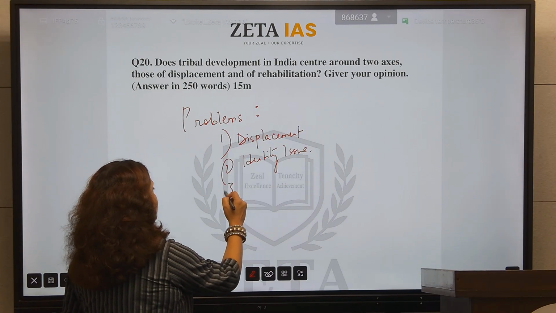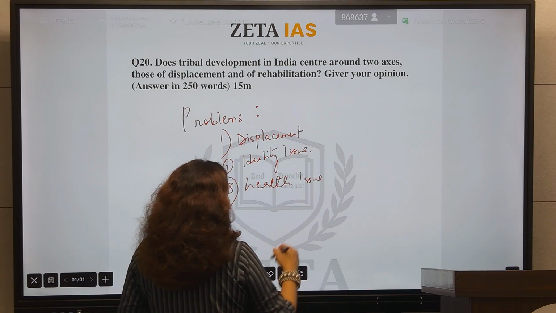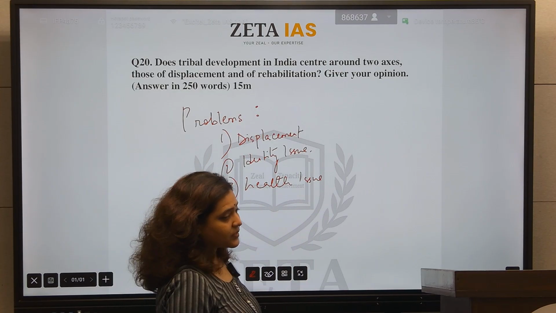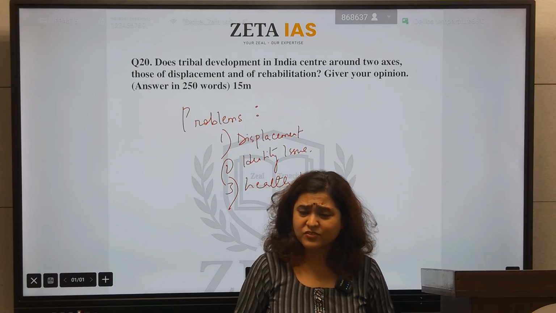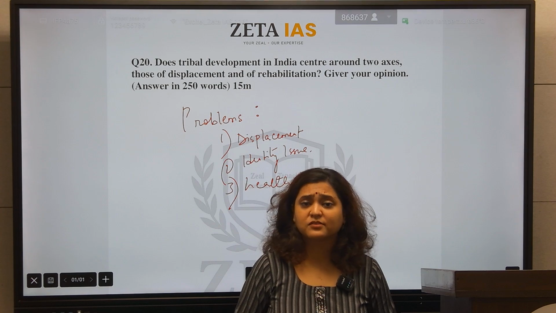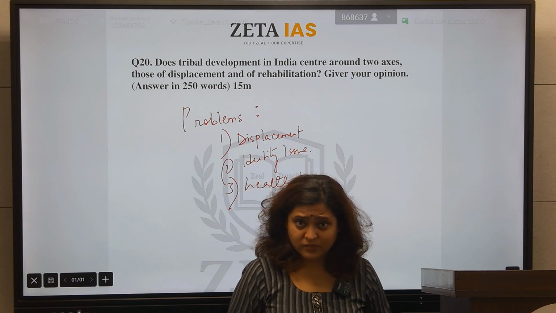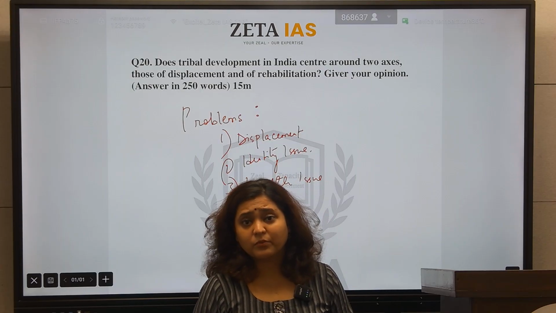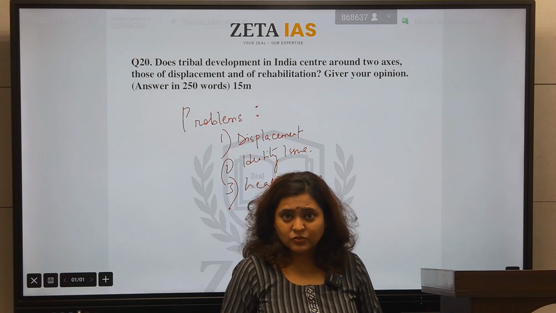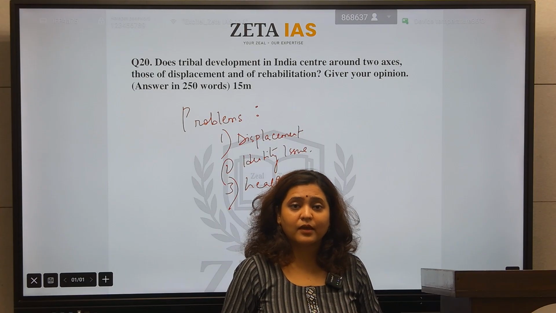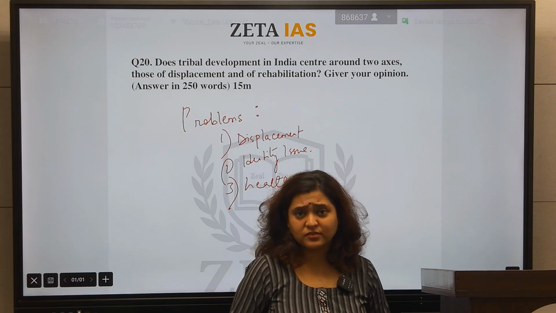They are also facing health issues, because of the medical teams, especially if we talk about the particularly vulnerable tribal groups, they have still not been integrated into mainstream society. They have their own ways, their own rules. If you take the Jarawas, for example, or the Onges from Andaman and Nicobar, they do not allow outsiders into their area, which means that there is medical negligence in that area.